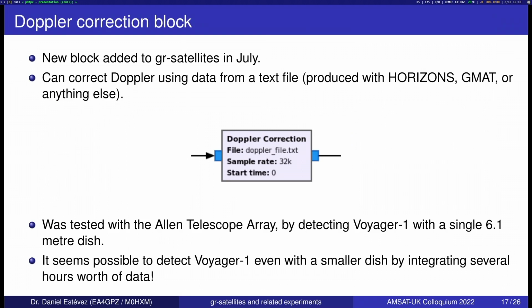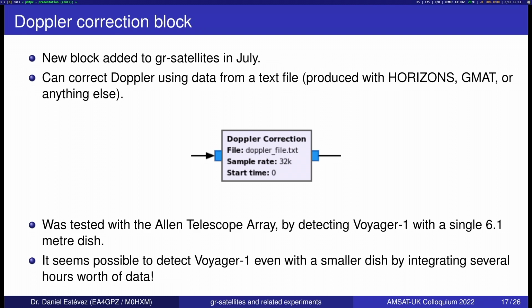Another thing I have done with these DSN projects is this Doppler correction block. And this is part of gr-satellites now. So with this block, you can take a Doppler text file, and this is a very simple file. It has two columns. On the first column, you put the timestamp in seconds. If you are doing this in real time, it's just your UTC timestamp, UTC seconds, Unix timestamp, right? And the second column is Doppler in hertz.